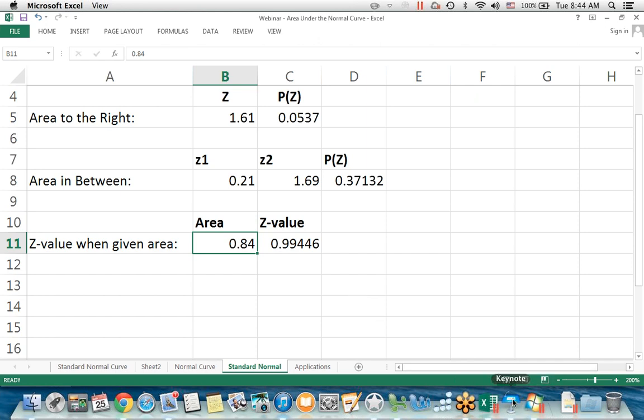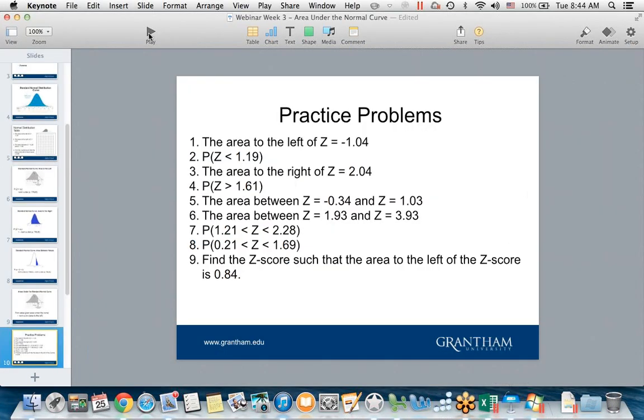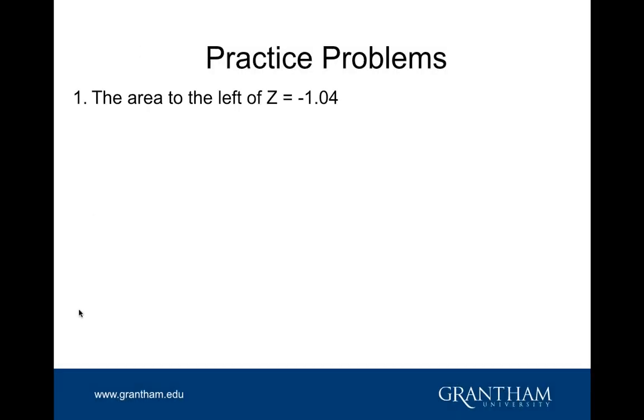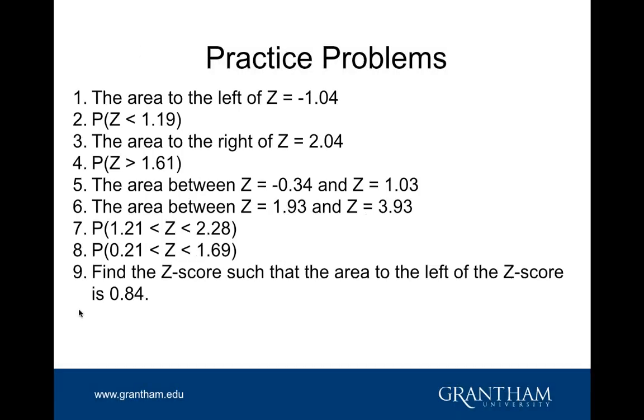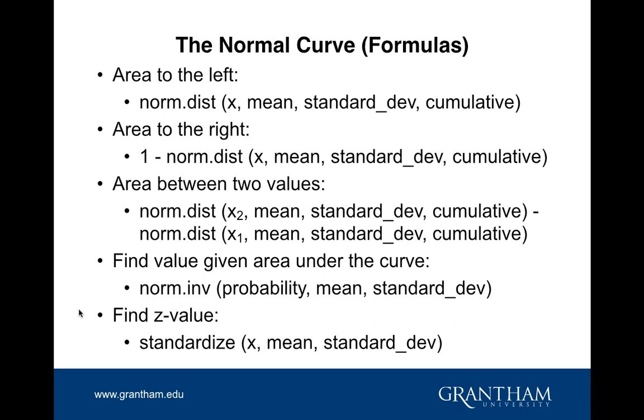Let's go back to our keynote. Now, when we are dealing with real world data, most of the time we are not dealing with standardized data where the mean is equal to 0 and the standard deviation is equal to 1. So what formulas do we have to use if the data is not standardized?